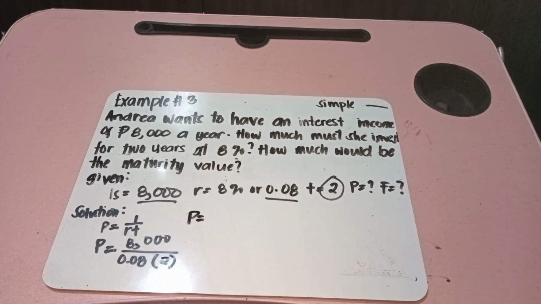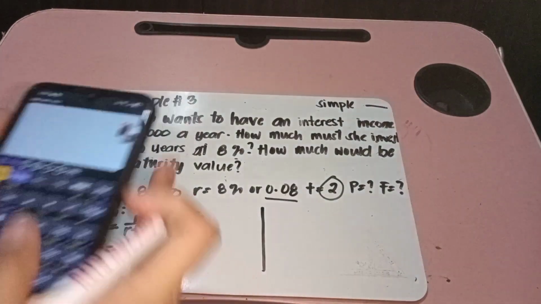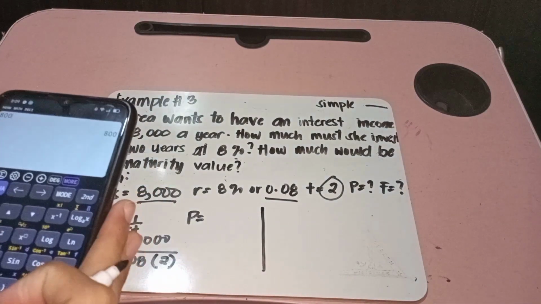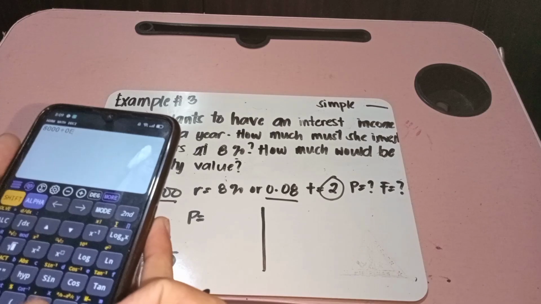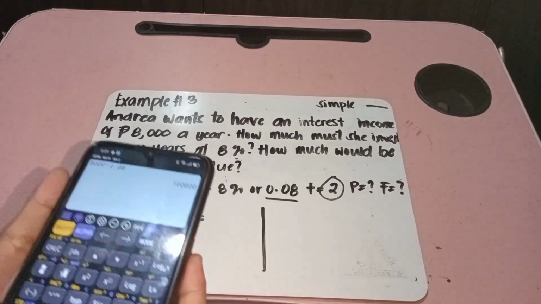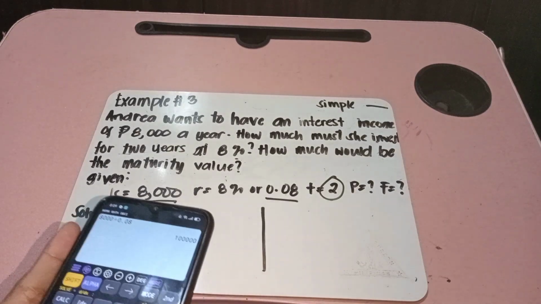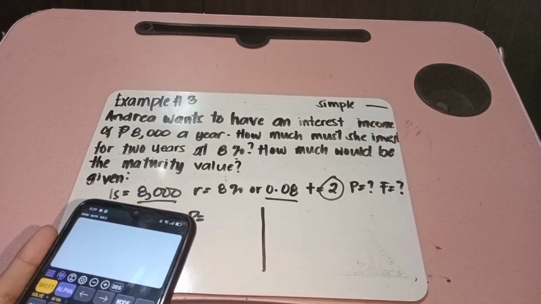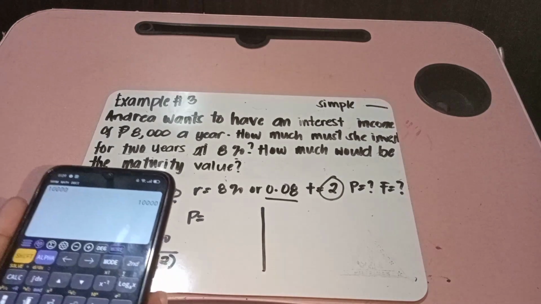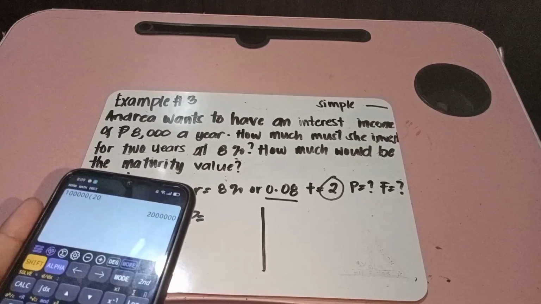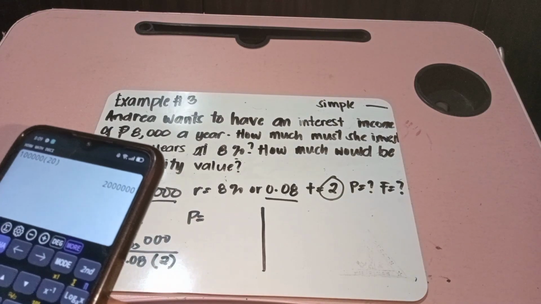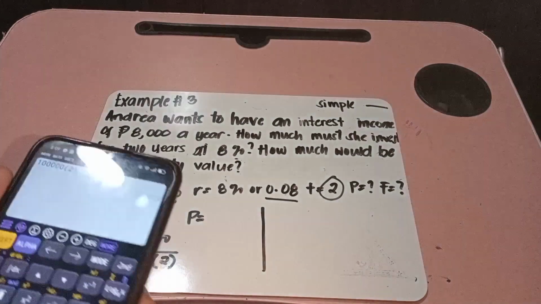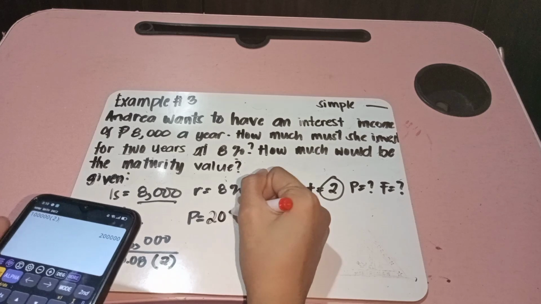So for the principal, we have 8,000 divided by 0.08 is equals to 100,000, and then i-divide natin siya into 2. 100,000 divided by 2. So here we have 200,000 pesos.